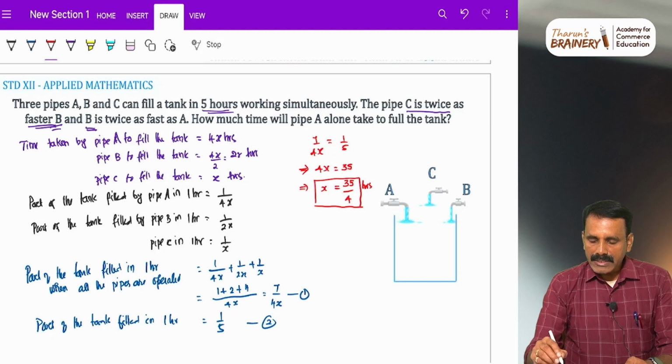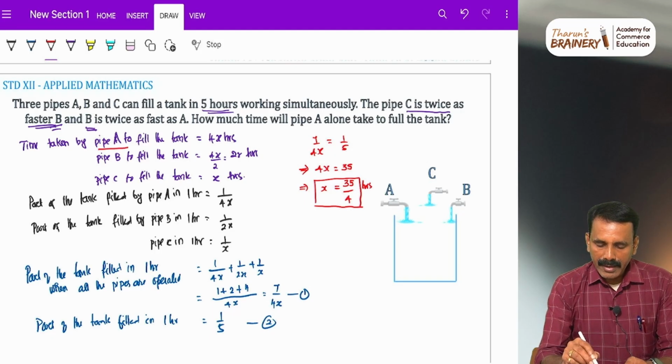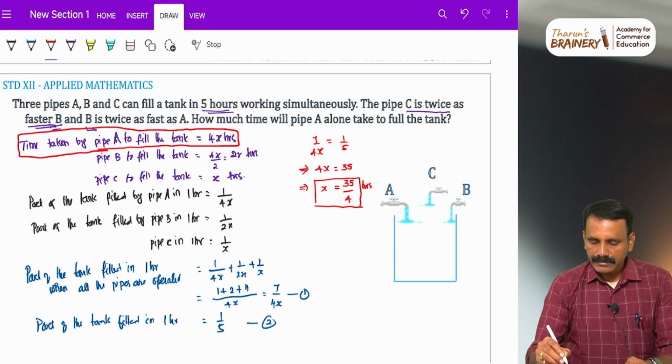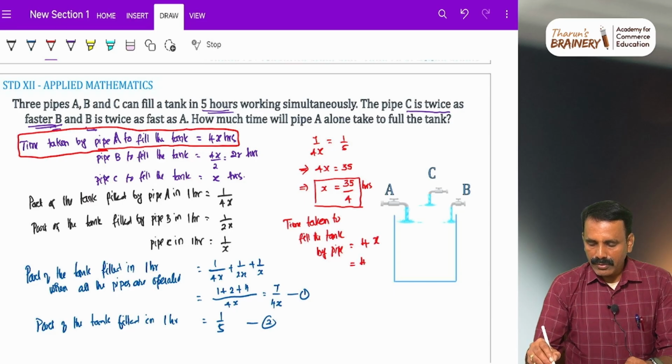Okay. We got the value for x alone, but the time taken by pipe A to fill the tank is 4 into x. So, 4 into 35 by 4, we cancel the expression. So, it takes 35 hours.